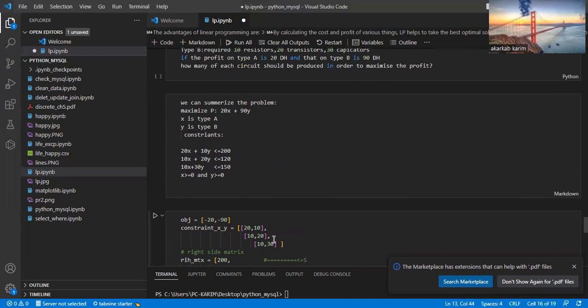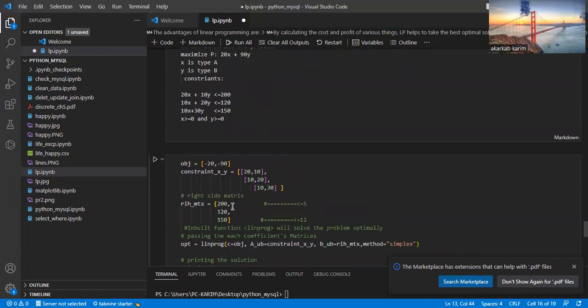Okay, these are the coefficients of the constraints. Here I'm writing the limit we have. We have just in our stock 200 resistors, 120 transistors and 150 capacitors.